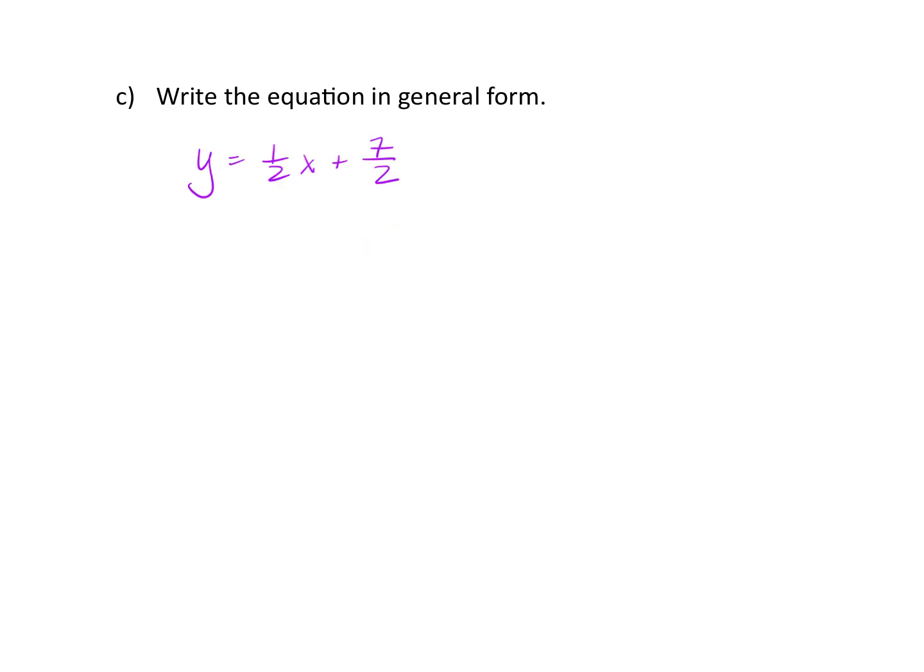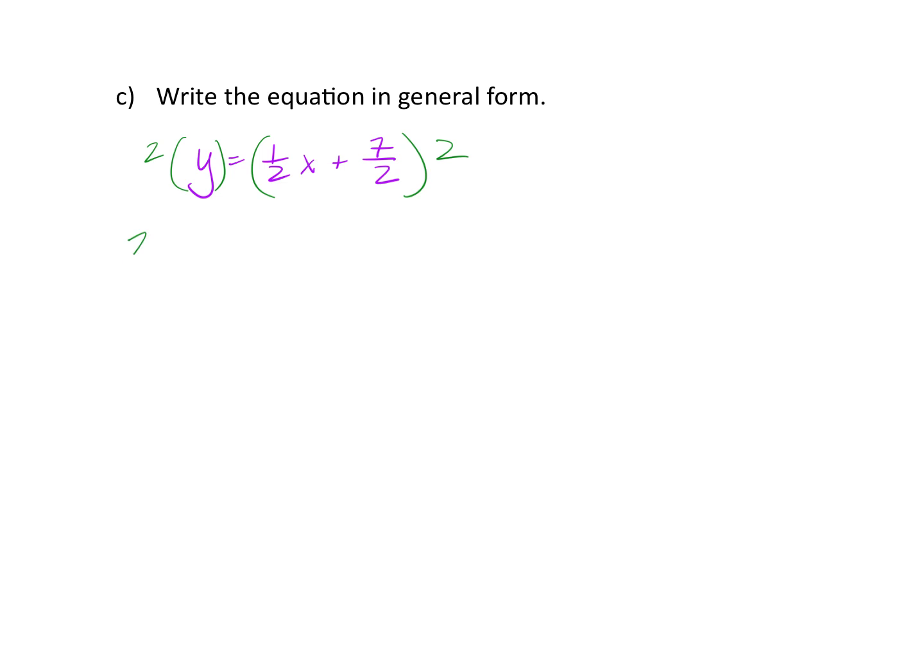To put this equation in general form, I need one side to be 0. And typically, we don't want any fractions. So we can clear the fractions and put all the terms on one side. So I might multiply both sides of this equation by 2 to get rid of all my fractions.